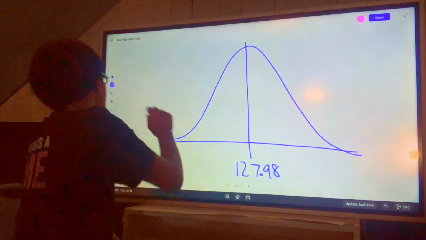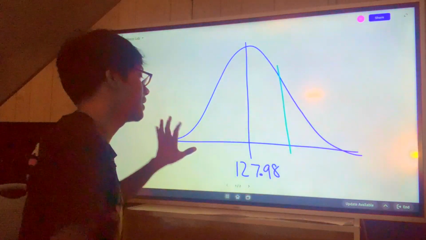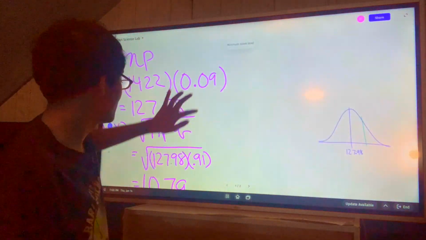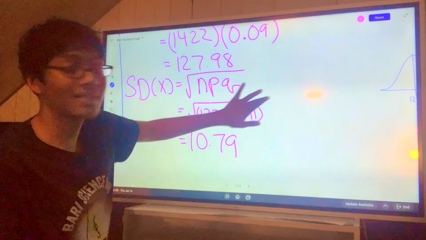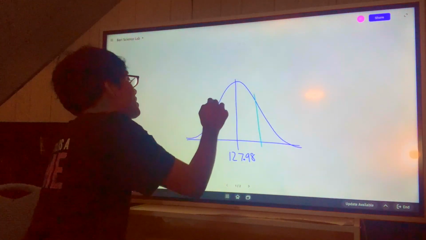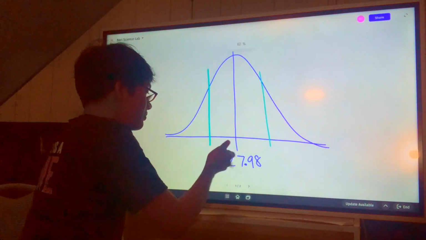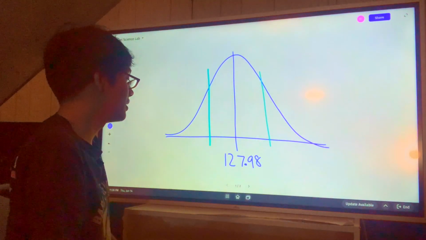What's our standard deviation? Our standard deviation, of course, is going to be 10.98, if I remember correctly. 10.79 rather, 10.79. So that means our data values, one standard deviation away from the mean, are going to be basically 10 bigger than this.